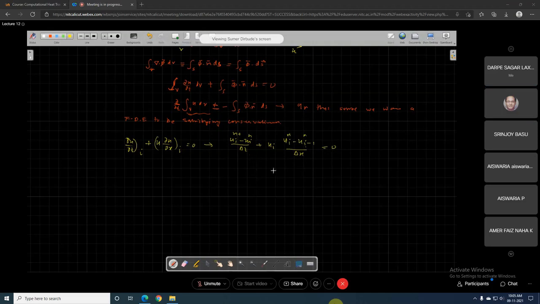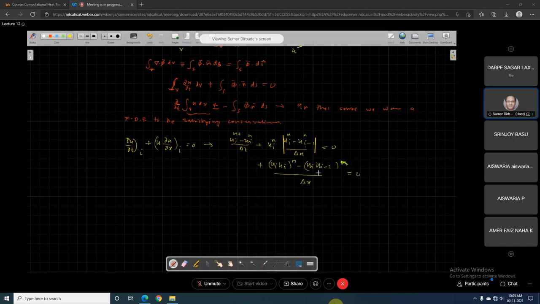Now, what do you see here is that this is a multiplication, so the second term will be ui, both calculated at n, times (ui minus ui minus 1) by delta x.